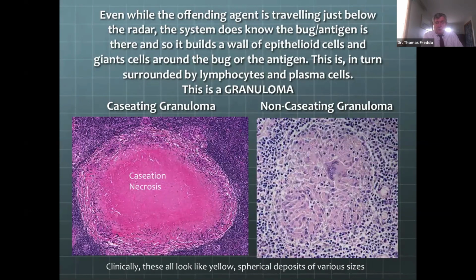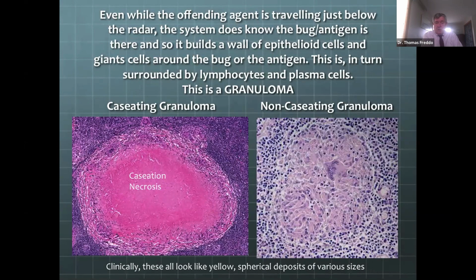Even though these bugs are working under the radar, the system does know of their presence. So it isn't complete ignorance that occurs in the response that is mounted against such kinds of pathogens and antigens.